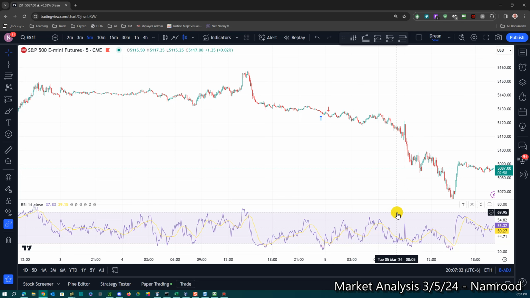Over 70 is what we call overbought. Below 30 is what we call oversold. This is going to be very helpful as one indicator that you can consider.